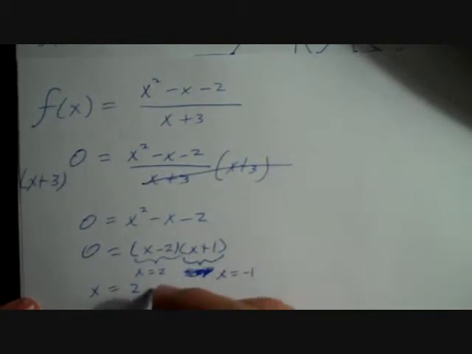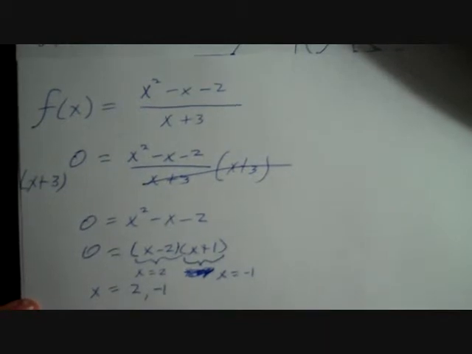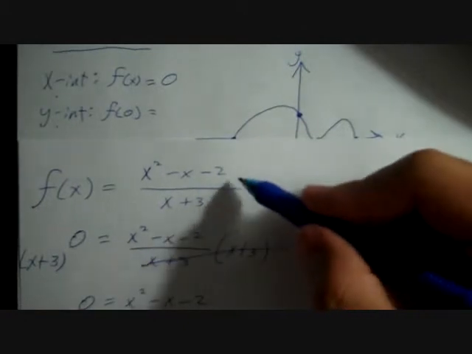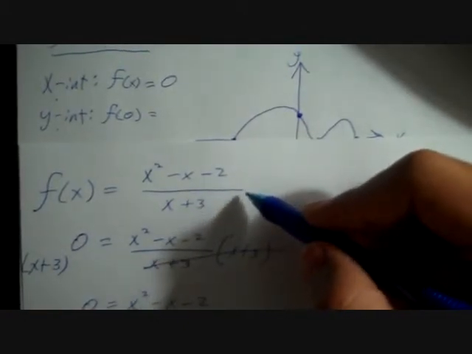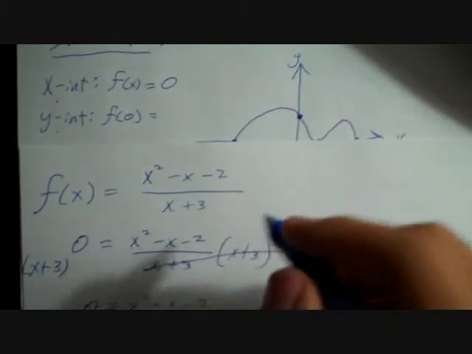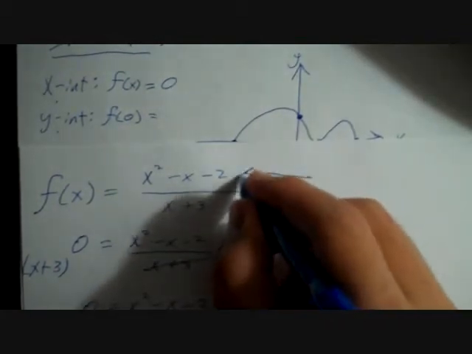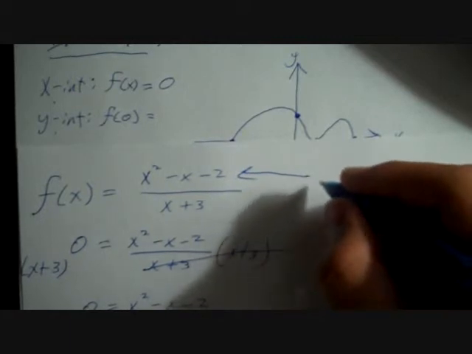So at x equals 2 and negative 1, our function has a 0. Just because this is a rational function doesn't mean the rules are any different. All we really need to look at is our numerator.